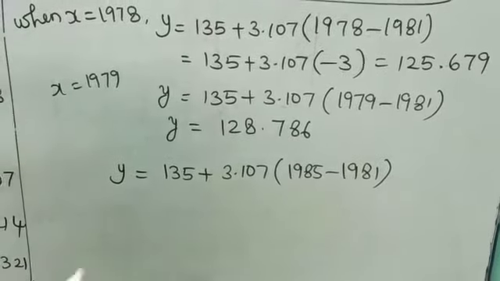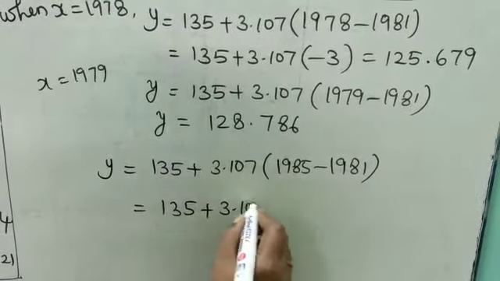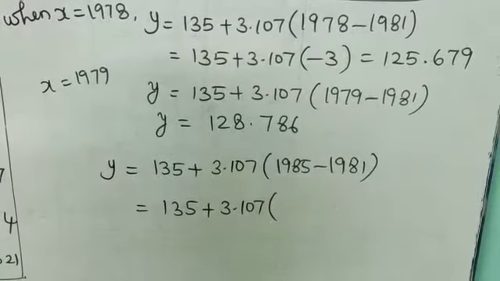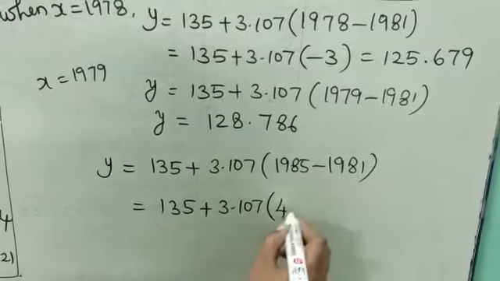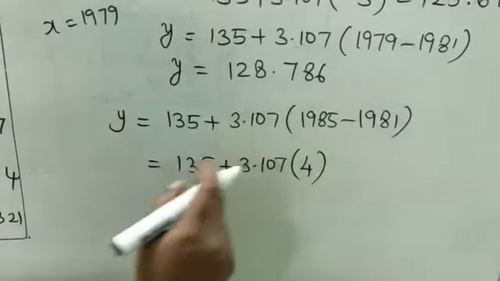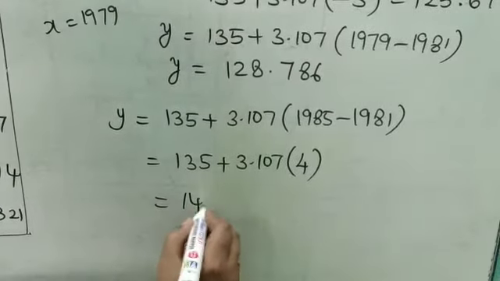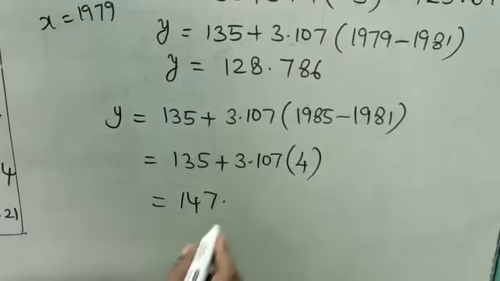Simplify: y equal to 135 plus 3.107 into 4, since 85 minus 81 is plus 4. Multiply these two values, then add it to 135, and you will get 147.428.